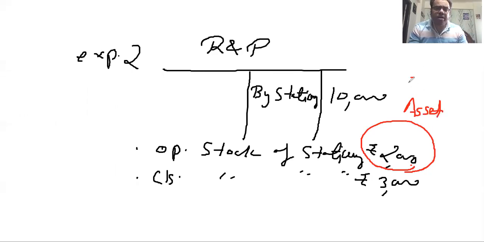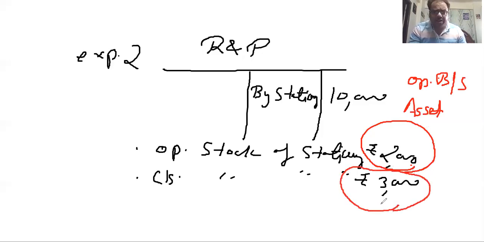When you prepare the opening balance sheet, you have to show this as an asset. And this 3,000, while preparing the income and expenditure account, when we are preparing the closing balance sheet as well, it will be shown under the closing balance sheet.